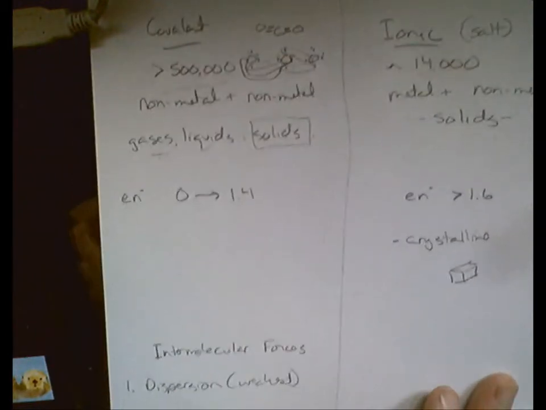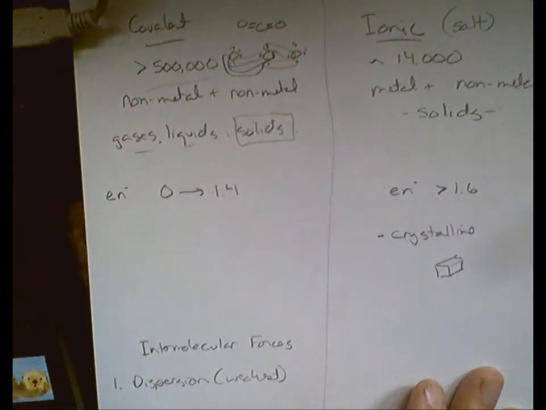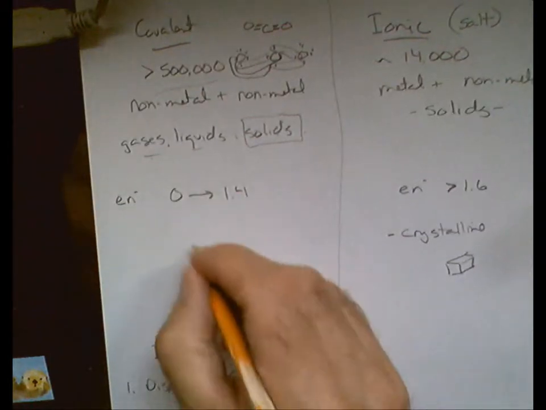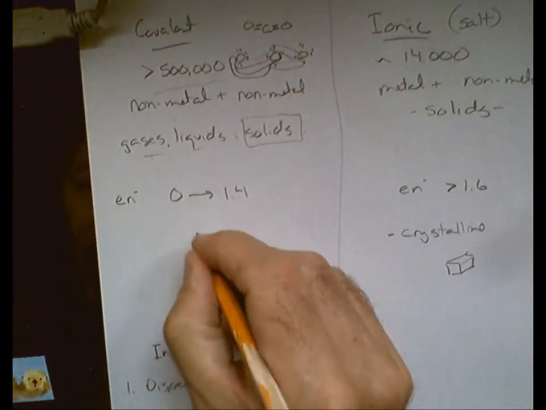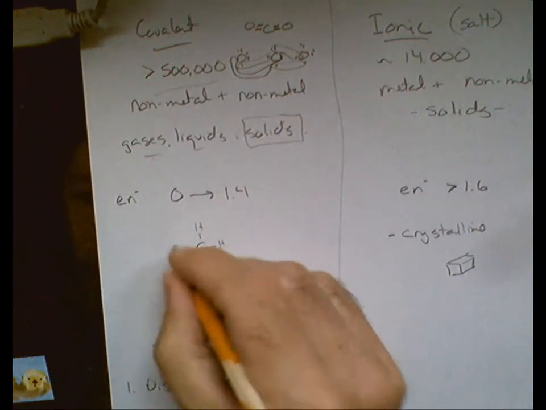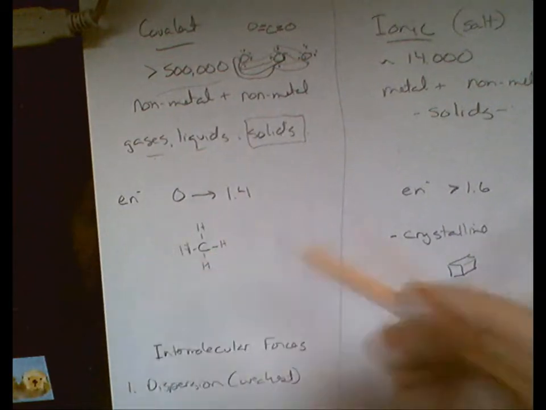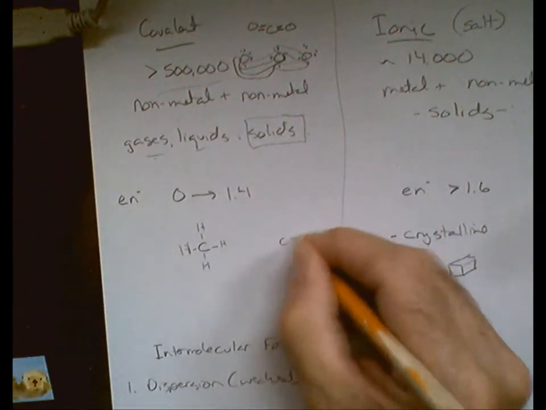Now, the other way we can tell whether we're going to have a covalent structure or not is by something called electronegativity. So I'll just do a quick run through with you. If we take two structures, let's take methane, for example, and let's take CO2.